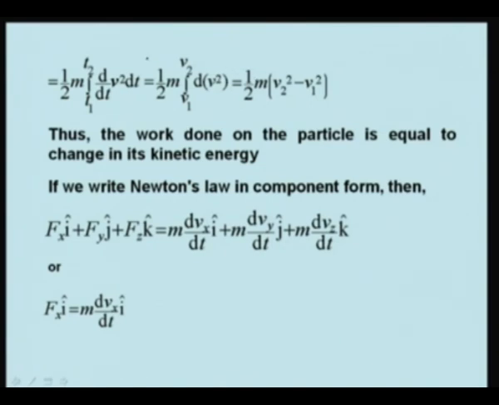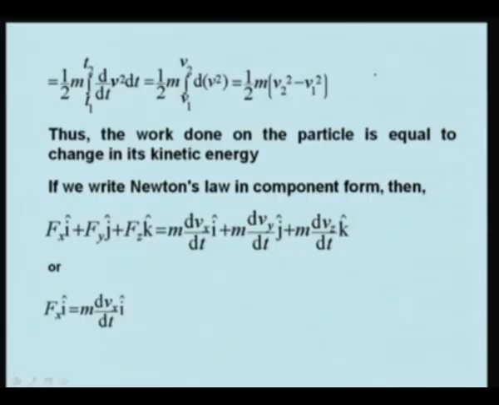Here I have changed the limits of the integration because the variable dt has vanished from here. So, this becomes half m (v2 square minus v1 square). Thus, the work done on the particle is equal to change in its kinetic energy.